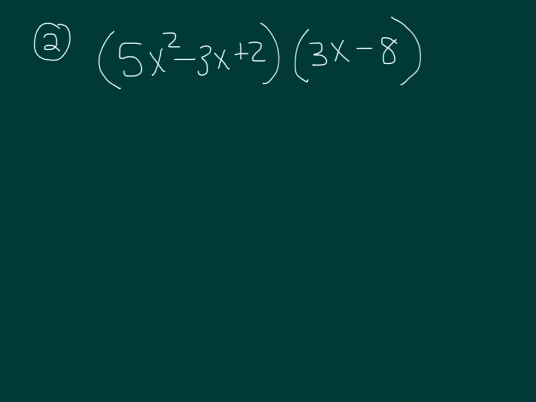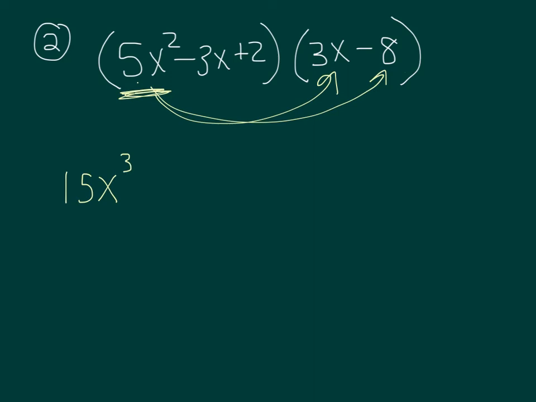Here's my second example. So pause this again and try it. Okay, here we go. So we're going to distribute the 5x squared to each piece, and sometimes you're going to have more on the left side, and that's okay. So here we go. 5x squared times 3x is going to be 15x cubed. Don't forget to add that exponent.